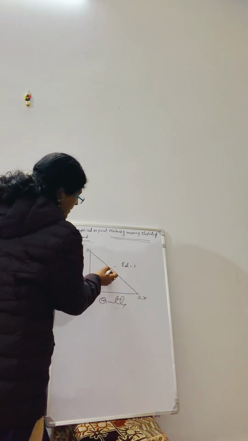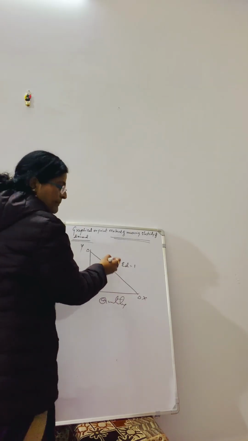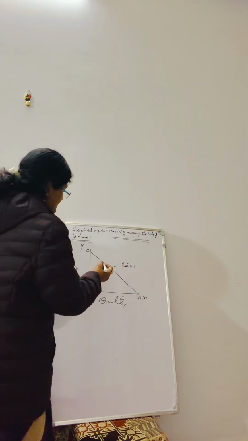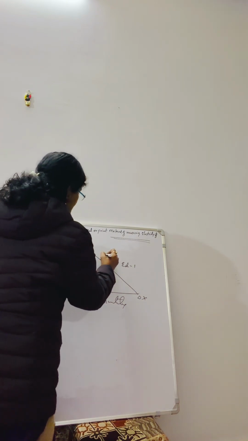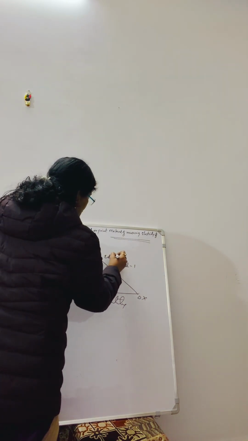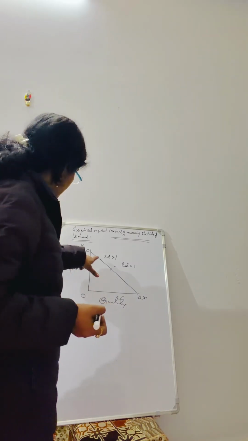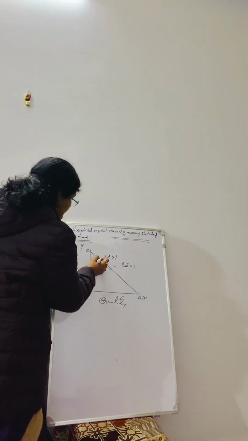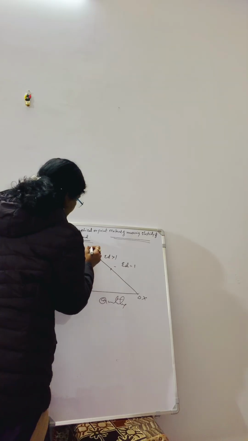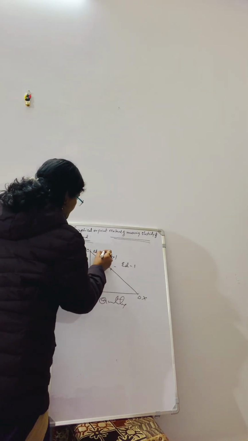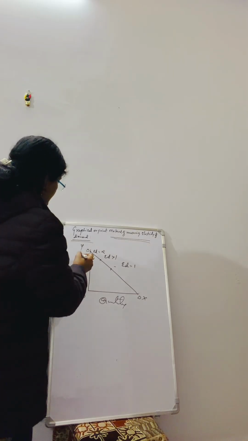And above the midpoint of the demand curve towards the OY axis, the point here is termed to be ED is more than 1. And if the demand curve is considered here, it is termed to be ED is equal to infinite, this point.